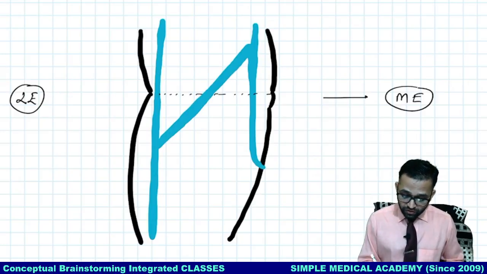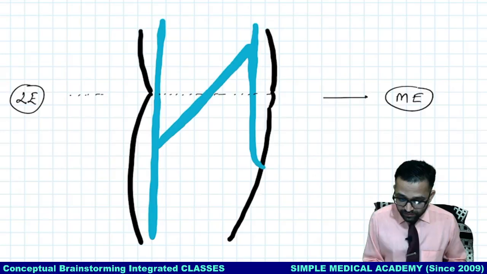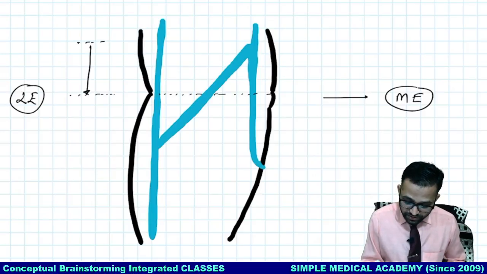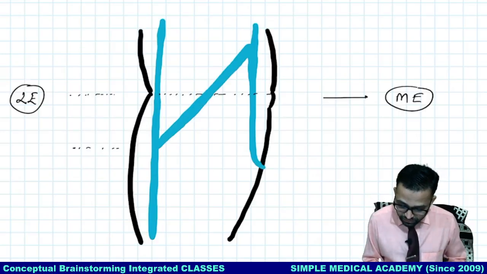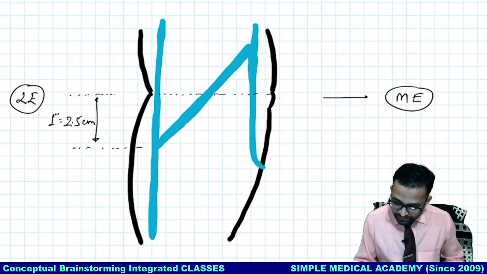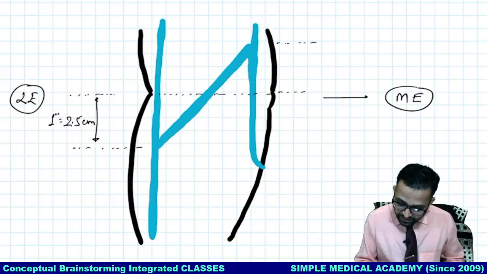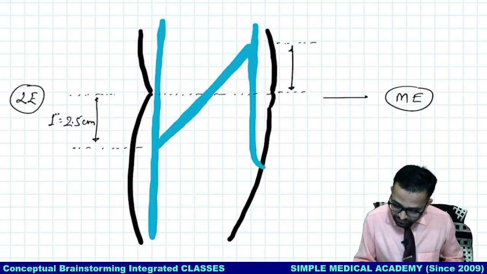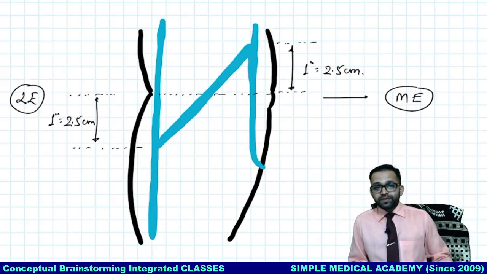So we have seen all these points in our superficial veins video. So this particular distance is 1 inch, which is equal to 2.5 centimeter, and you can remember this.